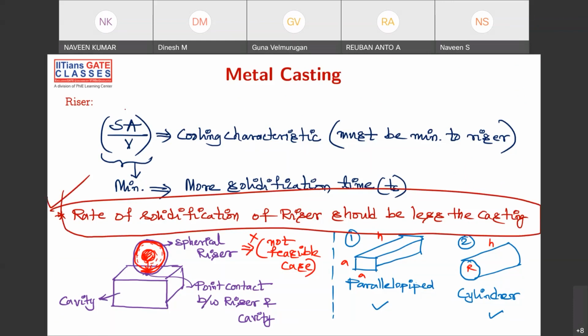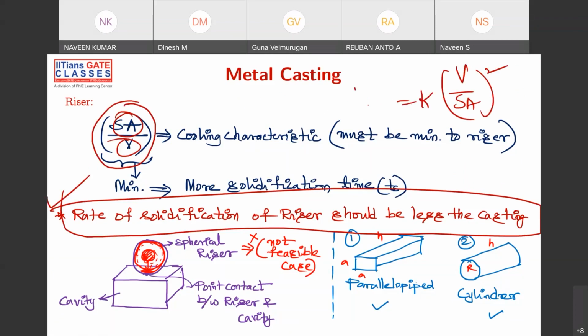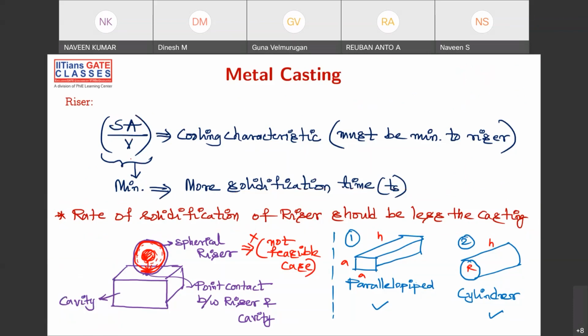Here we will define one more term, the cooling characteristic. Cooling characteristic is nothing but surface area by volume. We have already seen volume by surface area in the solidification time, where the whole square times K is equal to the solidification time. Cooling characteristic is given by surface area by volume. Surface area, as I told you, represents heat transfer.